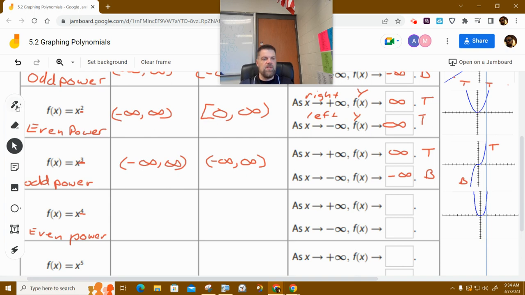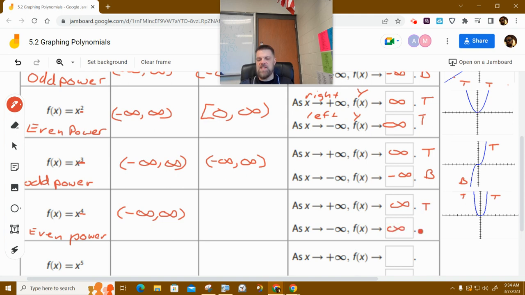So again, there are no domain restrictions. You can have all real numbers. The x values go from negative infinity to positive infinity. This one comes in through the top and goes back out the top. In other words, as x approaches positive infinity, y, or f of x, approaches positive infinity.